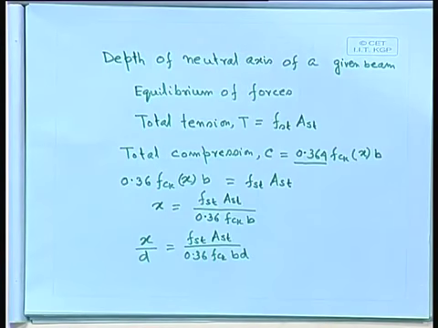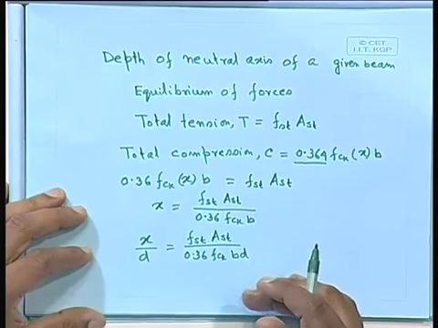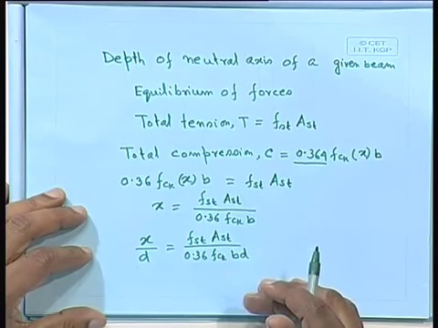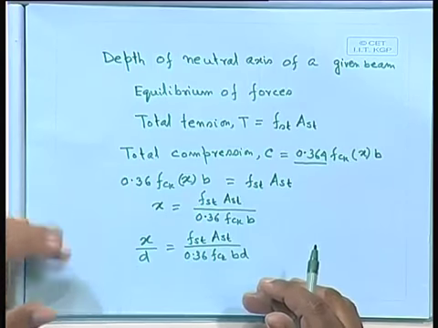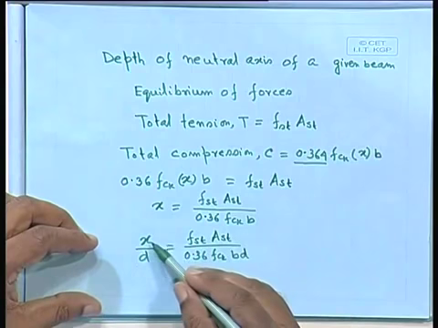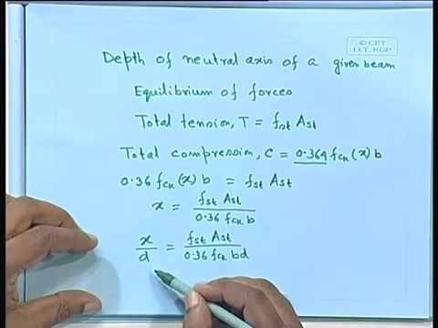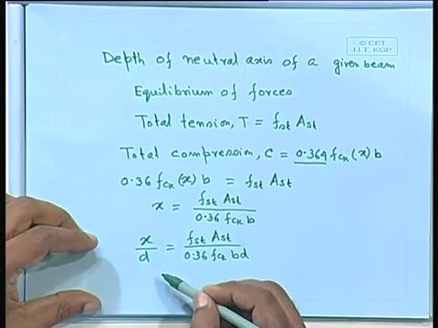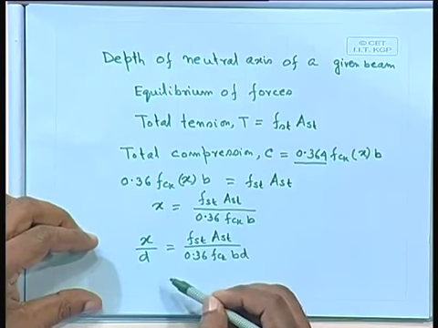We write the equation in this fashion, that x by d, instead of directly computing that value, we specify in this ratio that x by d. So if we know fst, we can find out that x by d ratio.